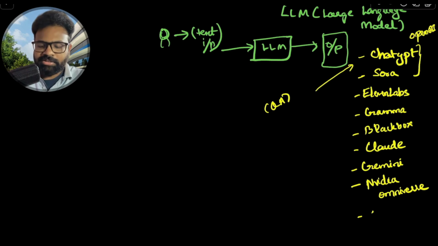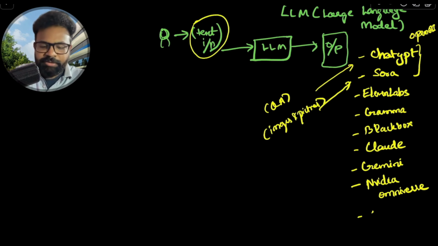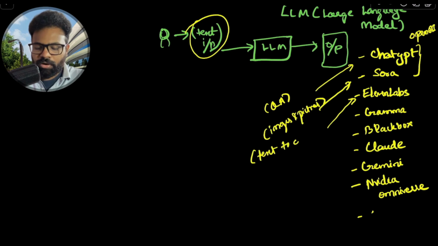Sora is the one which gives images and pictures. You can just input the text, and the text is converted into the data format you are requesting, which is images and pictures, in the Sora AI platform.